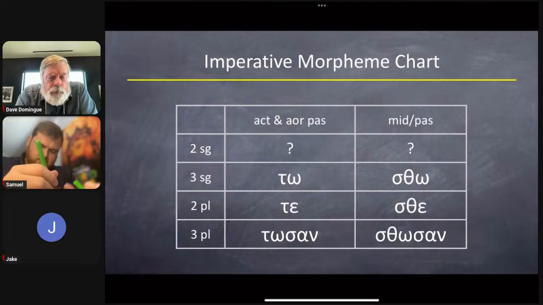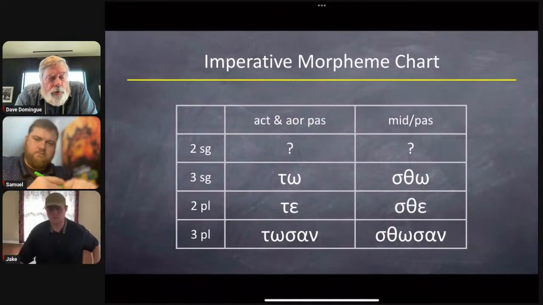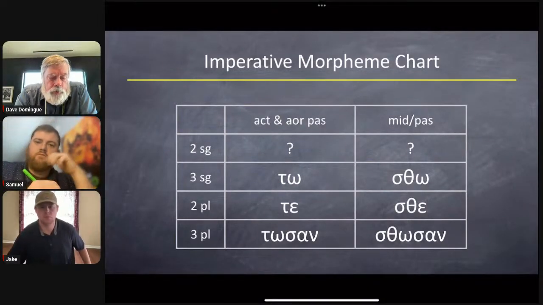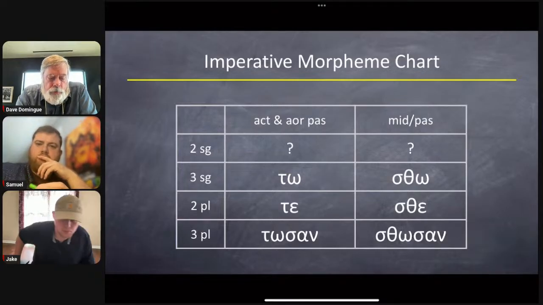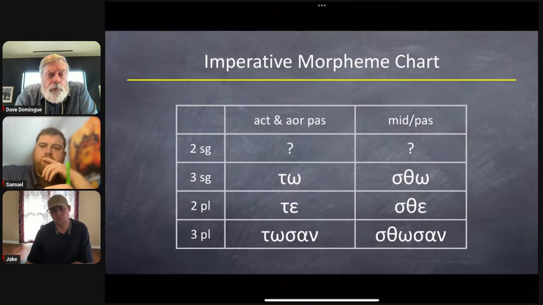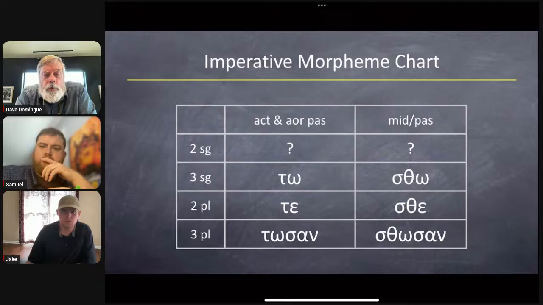And in the imperative, there's no first person singular. There is a second person singular and a second person plural, and there's a third person singular and a third person plural. In English, we don't have a third person imperative. And so translating the third person is not really hard.